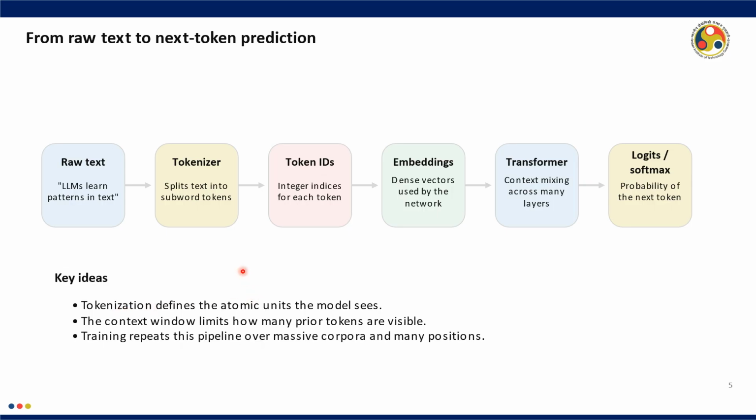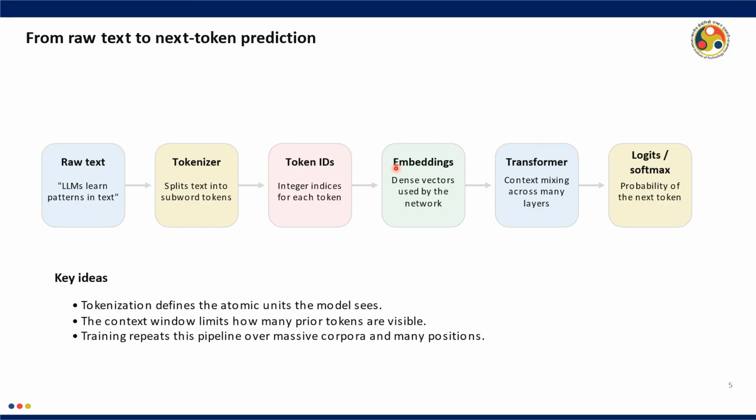Tokenization defines the atomic units of the model, because the model will see these tokens, right? These tokens are attached with the position, so that the position is also given as input to the LLMs, and then the embeddings happen for the vector transformation from the tokens.